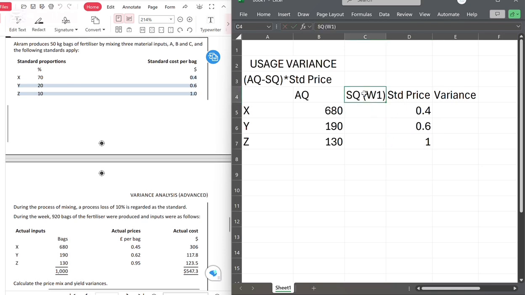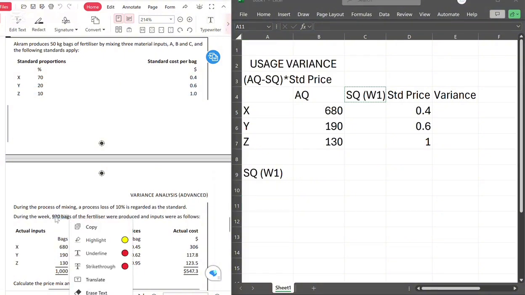Right. So we need working 1, where we need to calculate the standard quantity for X, Y, and Z. And there are 2 approaches to this. The first approach that I'm going to show you is to think about it from the output perspective, which means that if we have produced 920 bags, then how much should we have produced if there was no material loss of 10%?